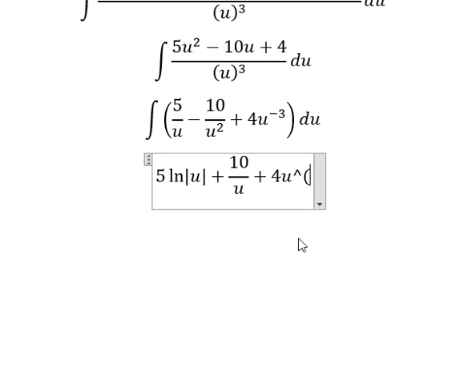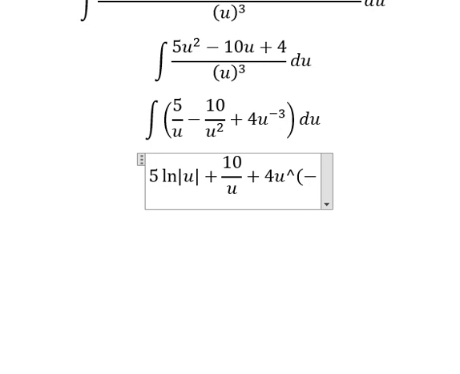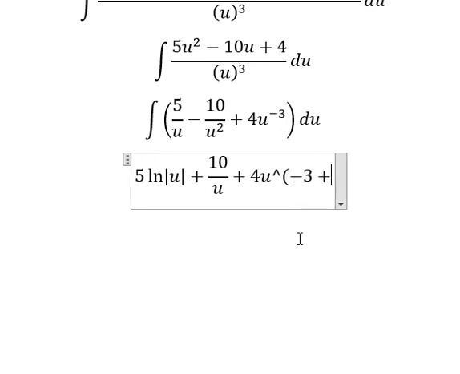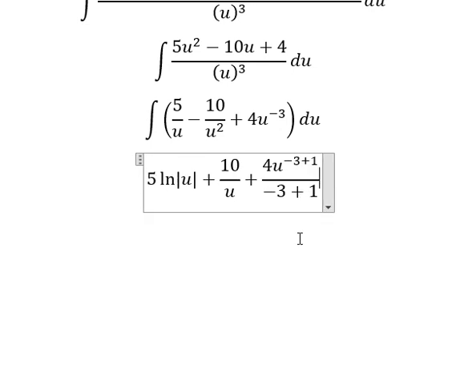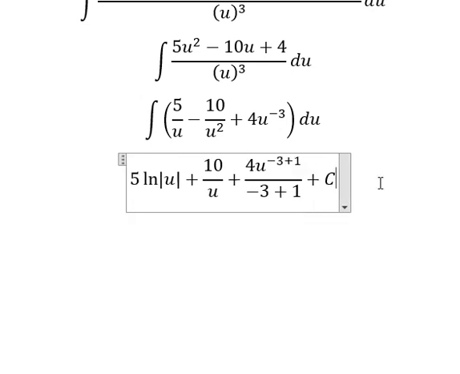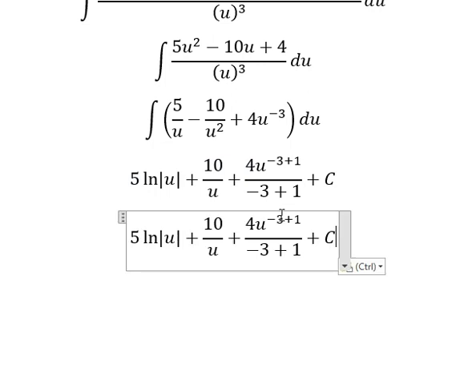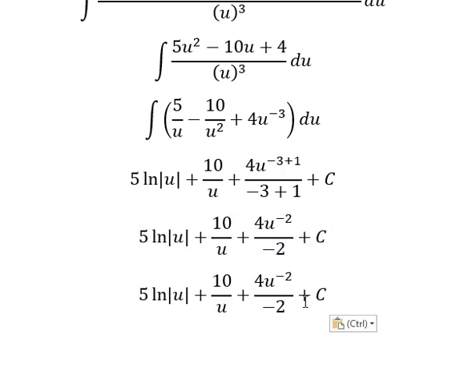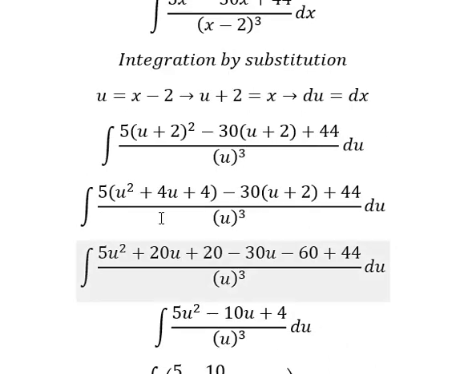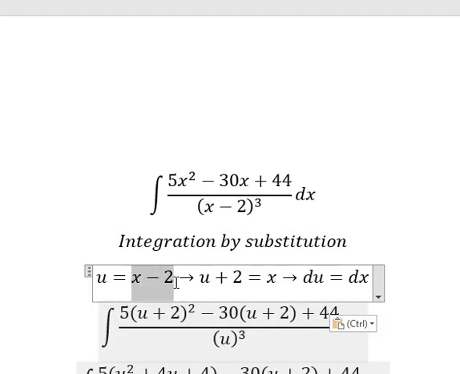The next one is negative 3 plus 1 over negative 3 plus 1, and I will put c. So this one we have negative 2. This one we have negative 2, and u is s minus 2.